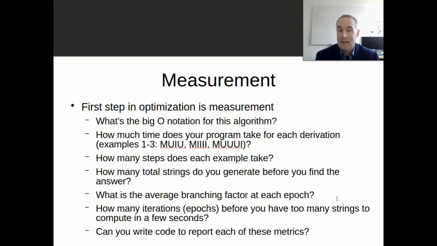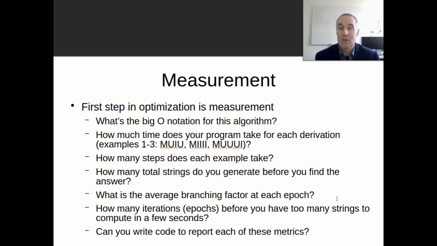How many epochs does it take before you have too many strings to compute in a few seconds? If you give this algorithm the target of MU, you'll get to the point where it just blows up. You can't get to another epoch because it's taking an inordinate amount of time and a ton of memory. So what is that point?